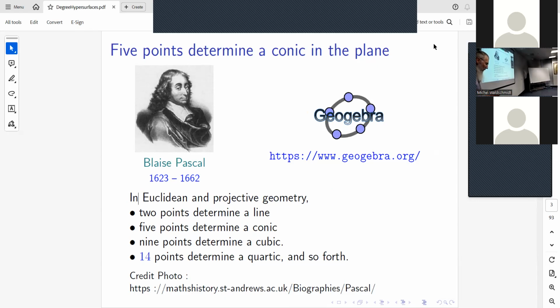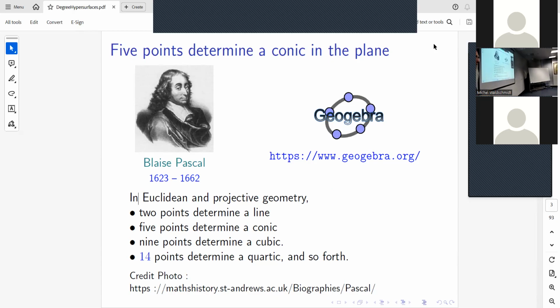And you may know the program GeoGebra. I use it for some pictures that we will see. It's a very simple program, and I am not so clever at using computers, and it enables one to draw some very simple pictures. And the logo of GeoGebra is an ellipse which contains 5 points. So this is the theorem of Pascal.